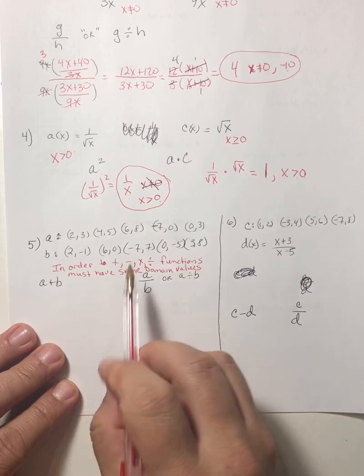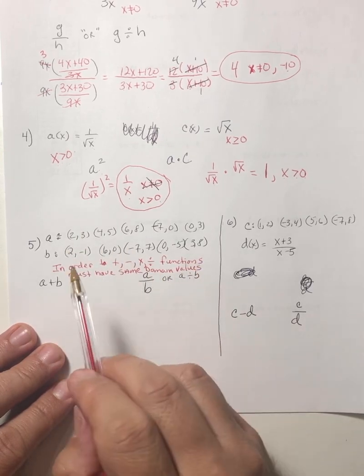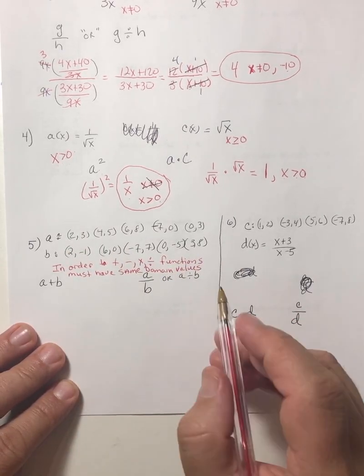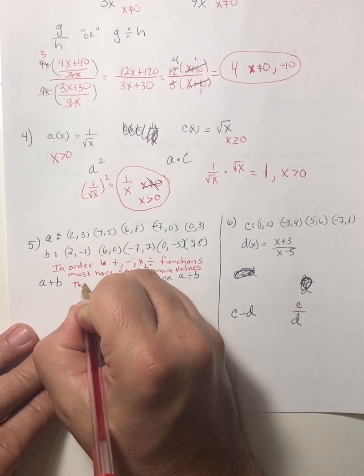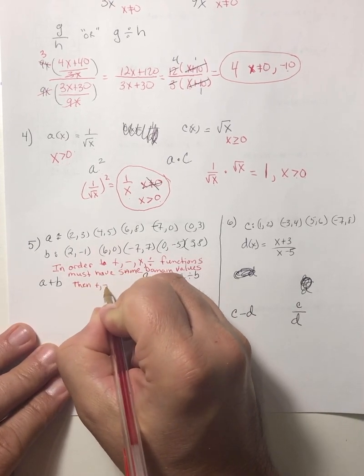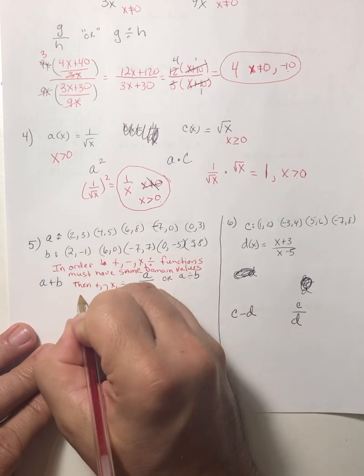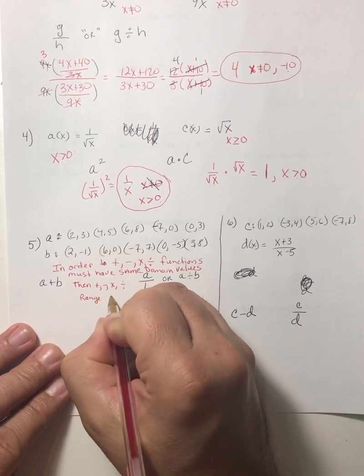In other words, our domains have to match, and then we add, subtract, multiply, divide range values.